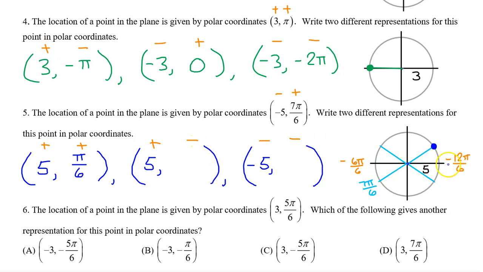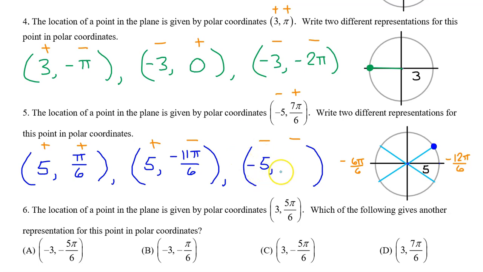We can think of negative 2 pi as negative 12 pi over 6. Therefore, this angle right here is negative 11 pi over 6. That gives us another name for this point. 5 comma negative 11 pi over 6.